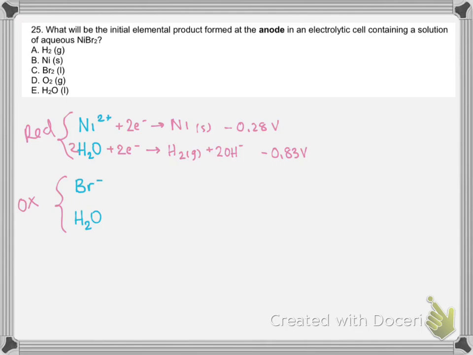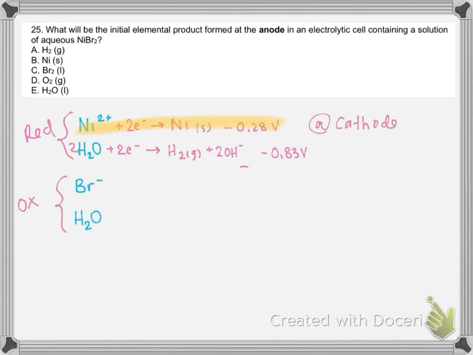So at the cathode, we would form nickel solid because this reaction is the most positive. That would happen at the cathode. But we don't care about the cathode, right? This question is asking us about the anode.